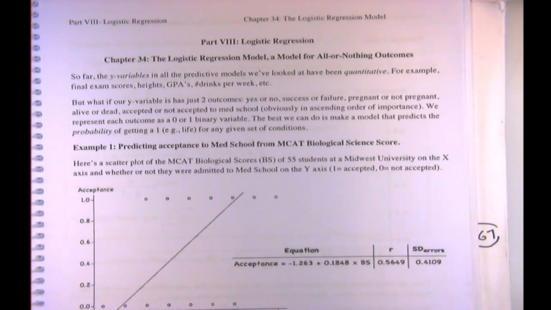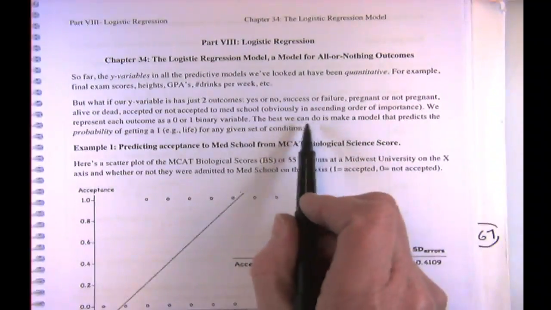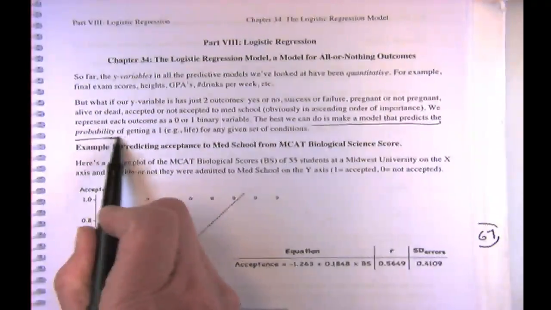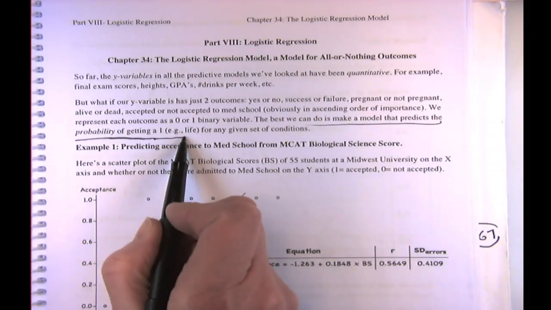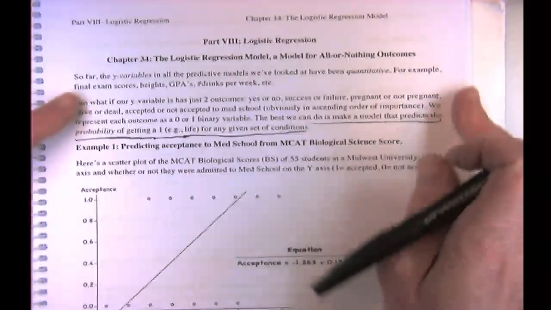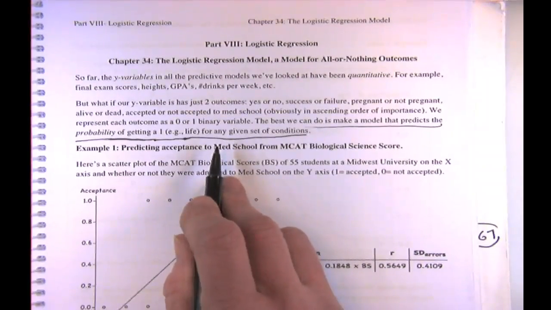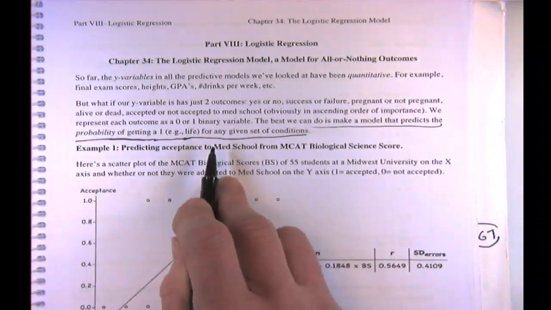Well, the best we can do is to make a model that predicts the probability of, let's say, survival, life or death. I see these all the time in medical data, predicting survival, whether you're going to live or not, given a set of conditions.